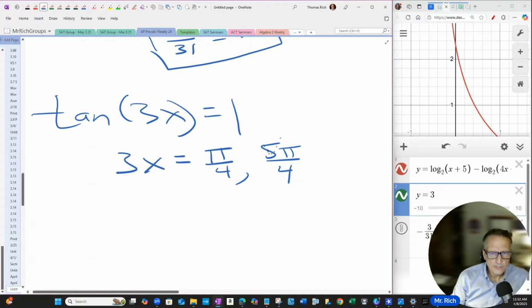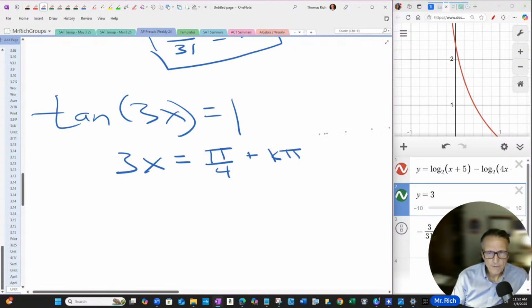Now, since these solutions are always going to be pi apart from one another, if I'm going to express all of the solutions, I'm going to say that when the tangent of an angle is equal to 1, that angle has to be pi over 4 plus k times pi, where k is an integer.